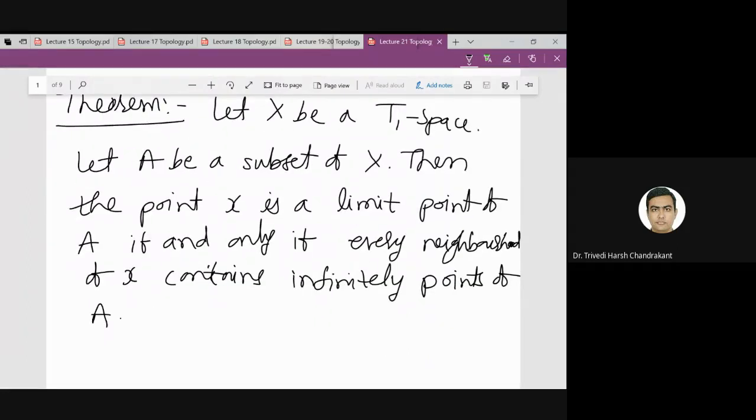We already know this from some of the examples in real analysis. If I take an open interval and then take the midpoint of that open interval, or any point which is a limit point of that set, and around that point I take a neighborhood, the intersection is infinite.